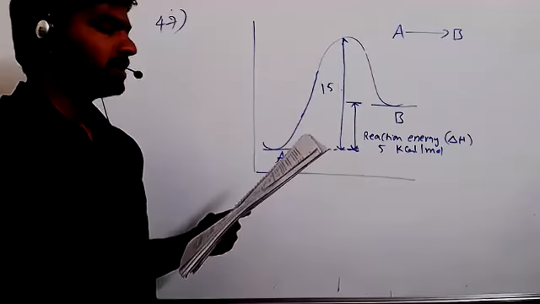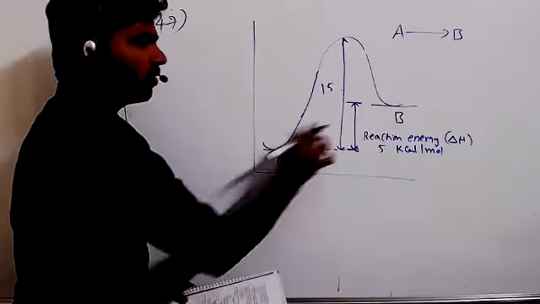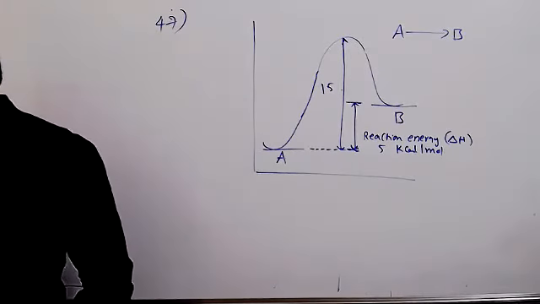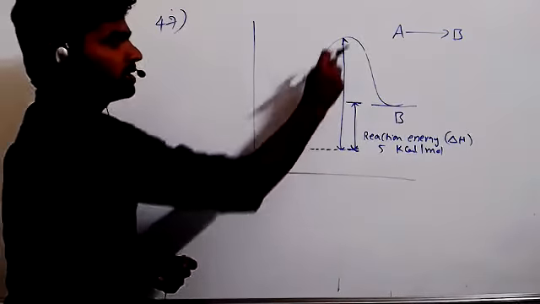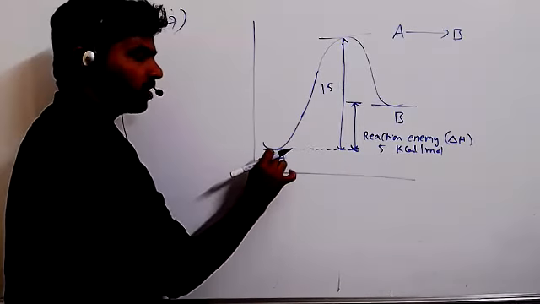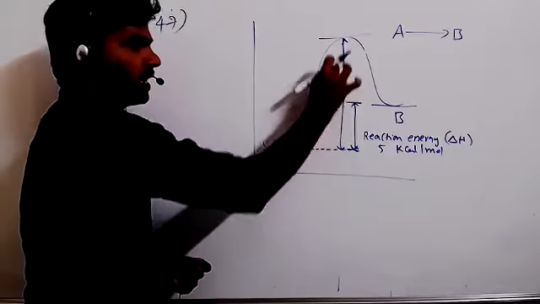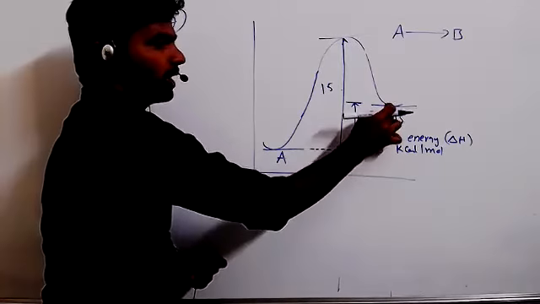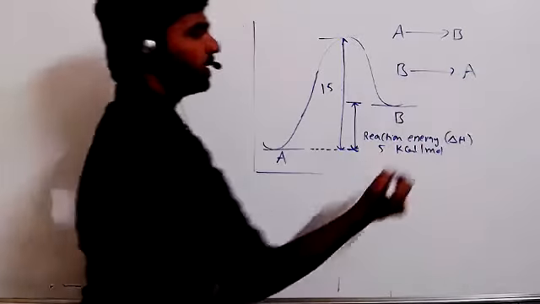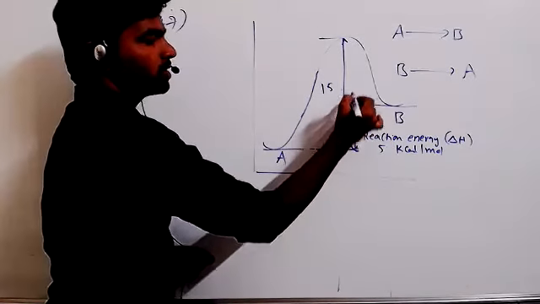The activation energy for the reaction B to A: now to convert B to A, what is the activation energy? See, this is the activated complex. To reach the activated complex, reactant A requires this much energy, 15 kilocalories. But to carry out B to A, reactant B needs energy only from this position to this position.